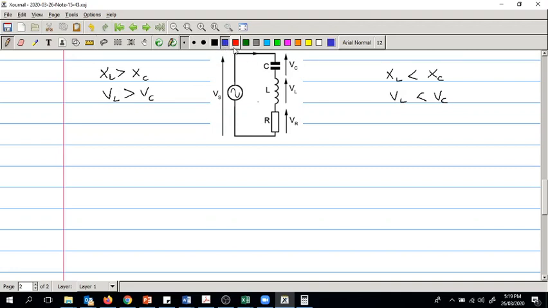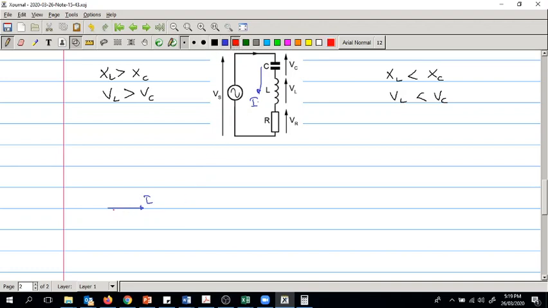Okay, so let's take blue as again the reference. Again here the current I is common for all these. So taking I as reference, you can draw the phasor diagram here, I as reference, then VR goes that way.